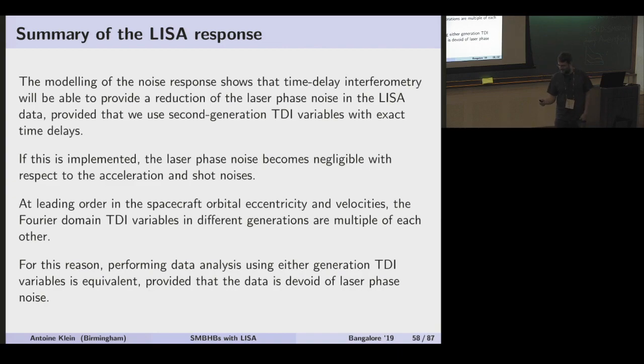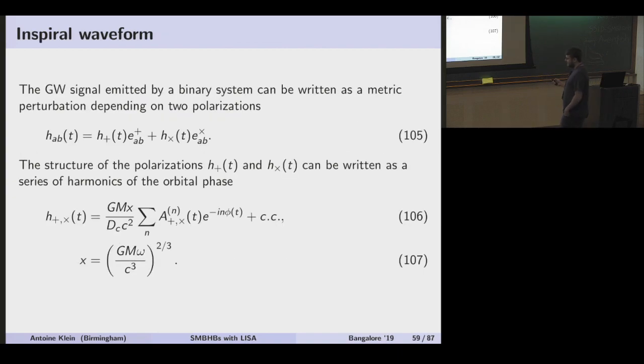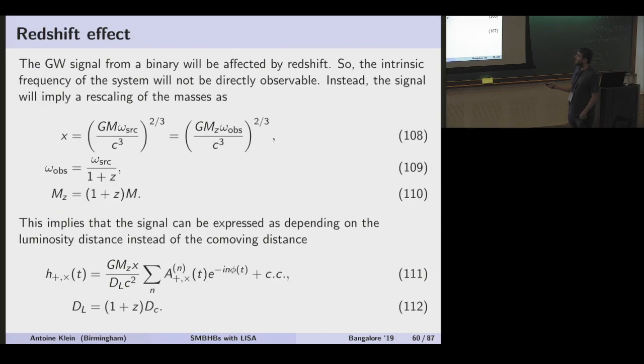All right. So at the end yesterday, we looked at the structure of the gravitational waveforms. In the inspiral, you have a sum of harmonics of the orbital phase. You're affected by redshift. That's very general, and that prevents you from measuring the intrinsic masses directly.